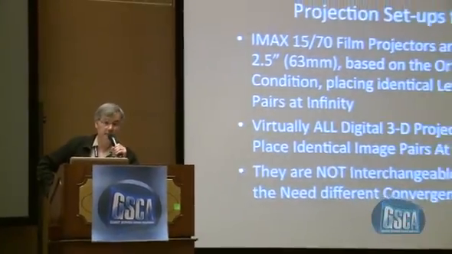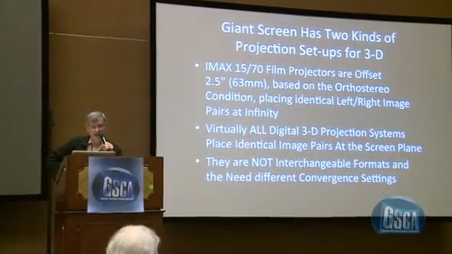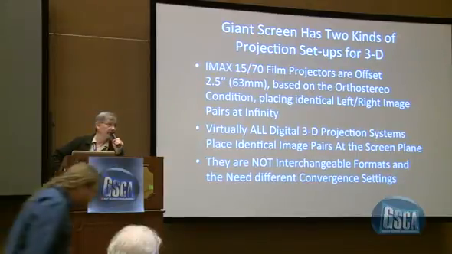Now, one critical technical thing to keep in mind is that at this point in time, giant screen has two kinds of projection setups for 3D. The IMAX 15/70 film projectors are offset 2.5 inches, or 63 millimeters, based on the orthostereo condition, and that places identical left and right image pairs at infinity when viewed through the glasses.